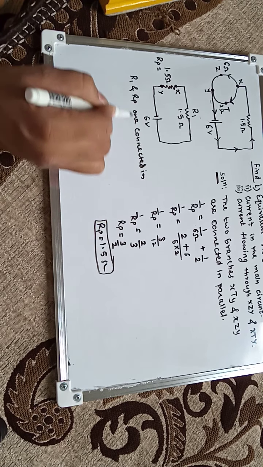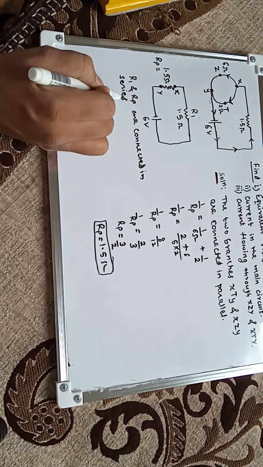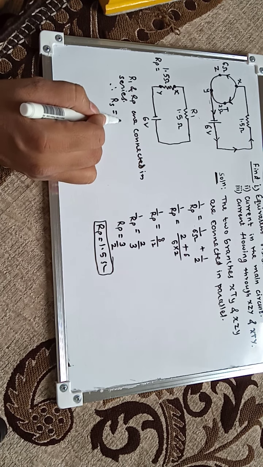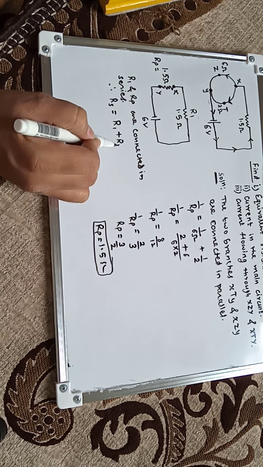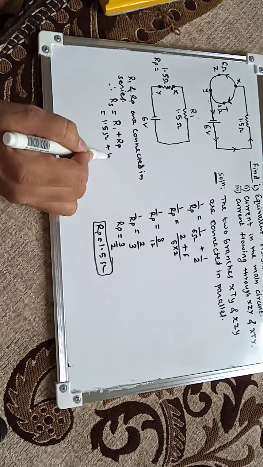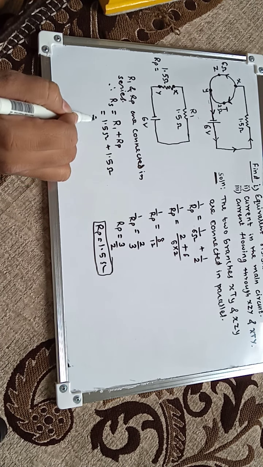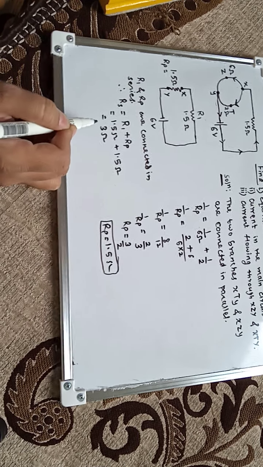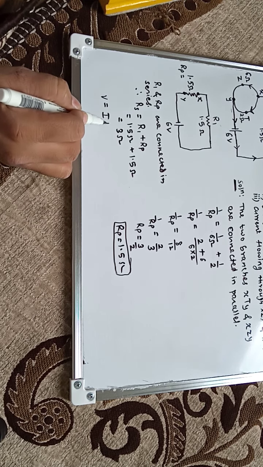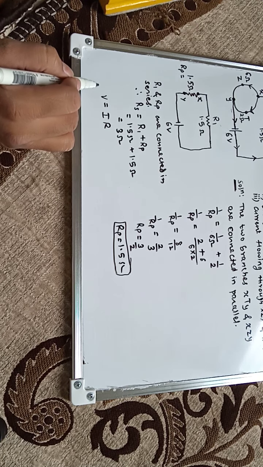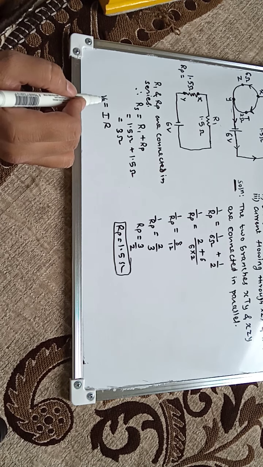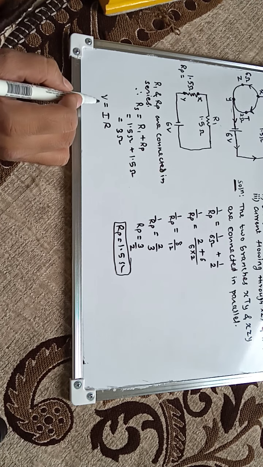Therefore Rs, their total resistance, will be R1 plus Rp, and R1 is 1.5 ohm plus Rp also is 1.5 ohm. So this becomes 3 ohms. If we apply Ohm's law, V is equal to I into R. Ohm says V is directly proportional to I. If we increase the voltage, the current also increases, and the resistance remains constant.